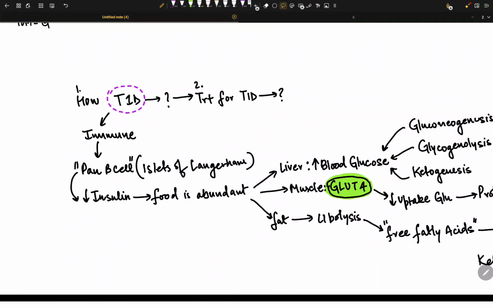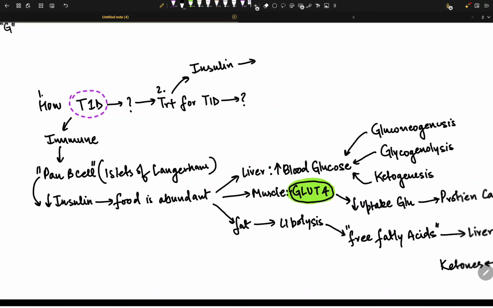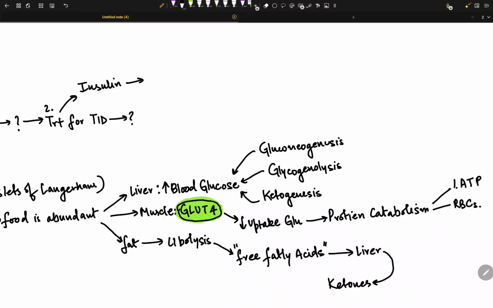Now our patient has injected insulin. Now everything changes. What's the first event? What do you think? Treatment: someone puts some insulin in. Insulin is administered to the patient. What's the first thing that's going to happen?